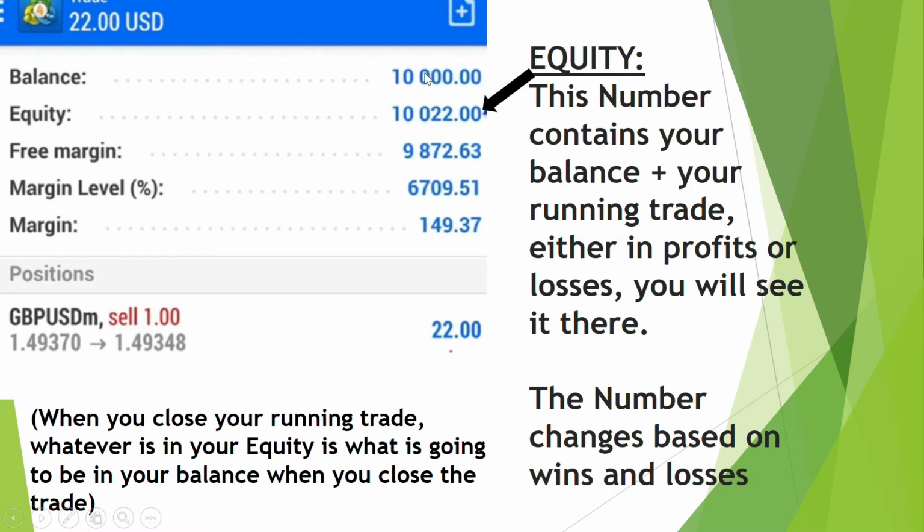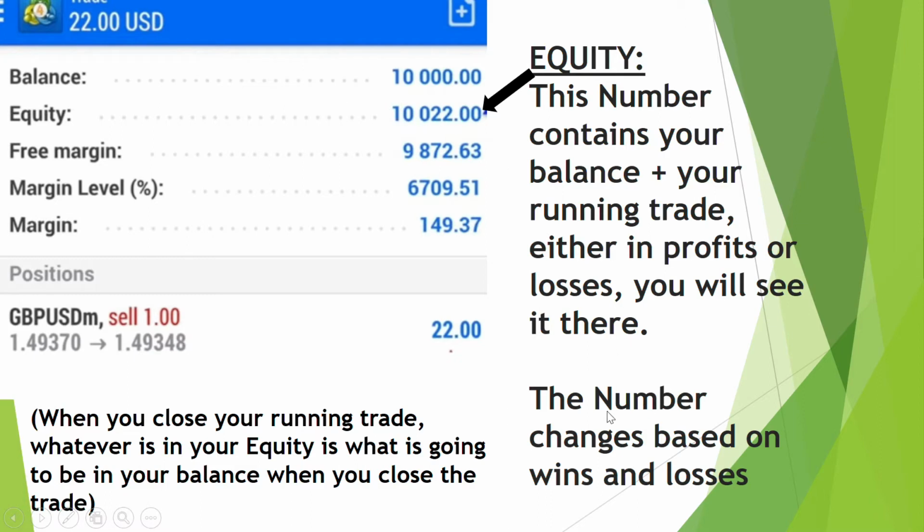Then it will be subtracted from your balance, and you will see it here. Then your equity will be 9,978 dollars. So your running profit or loss, added to or subtracted from your balance, is what gives you equity.